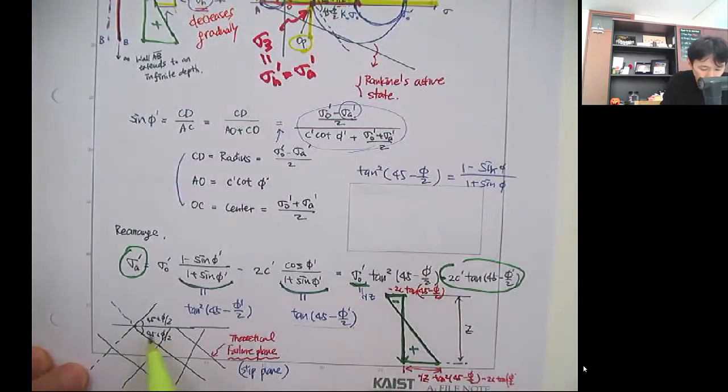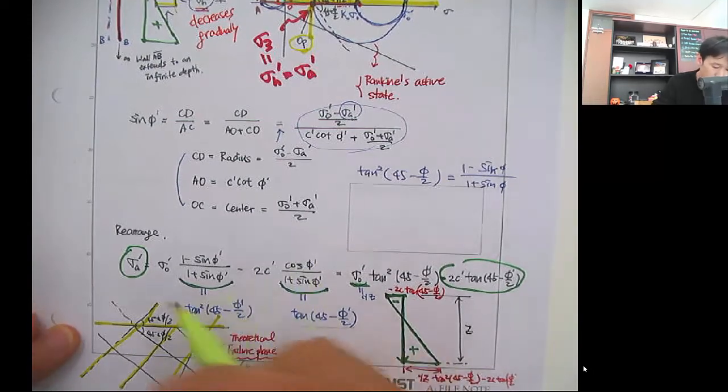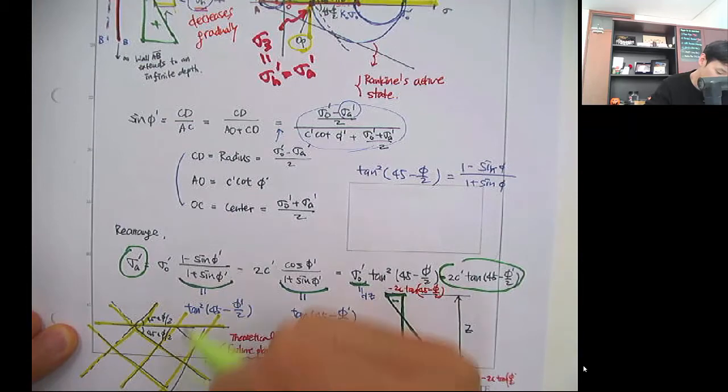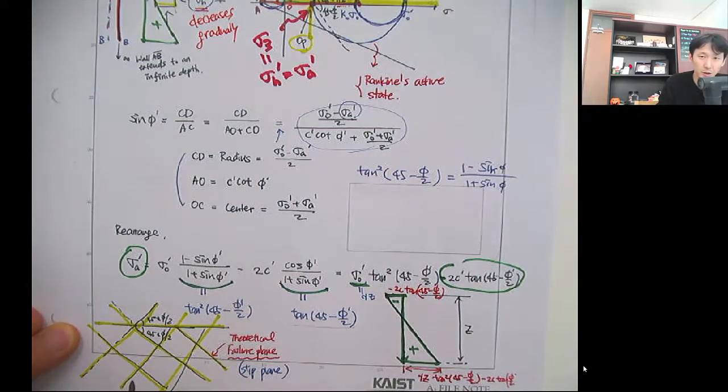So the major principal plane is the horizontal, right? From the horizontal line, 45 plus phi over 2 gives you this kind of angle. And also, because it's symmetric, you have this 45 plus phi over 2 in the other direction.